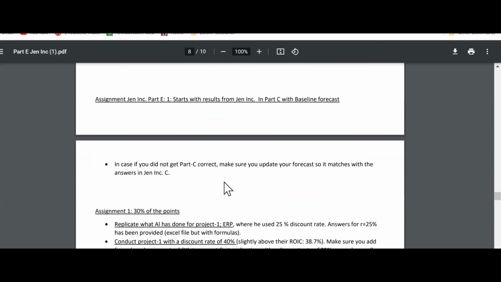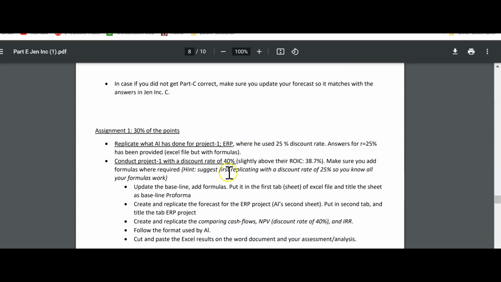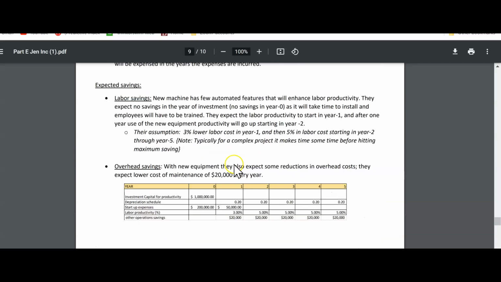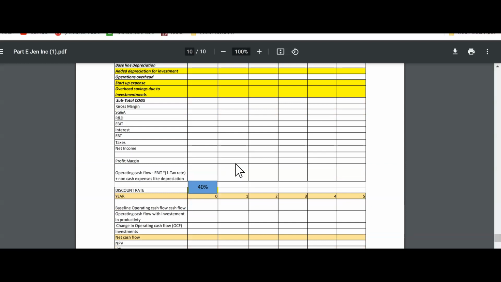Now, one of the things you're going to do for the assignment is basically replicate what we learned for the example in the case, except you are going to use the 40% instead of the 25% that is in the example. Again, walk it through step by step. It's not that complicated, but I'm giving you notes to help you. Some of you may not need it, but if you do need it, I think it's going to help you to do that.